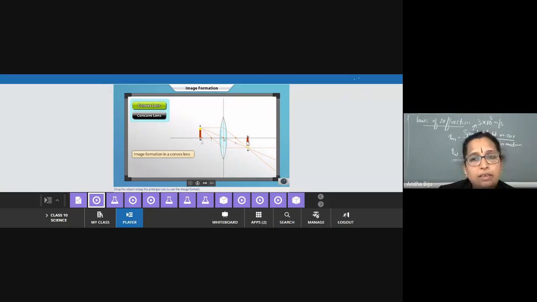It is real and inverted. So this is the way the image is formed, second position of the object. Now let us see when it is kept in between center of curvature and focus, then what will happen? See that.